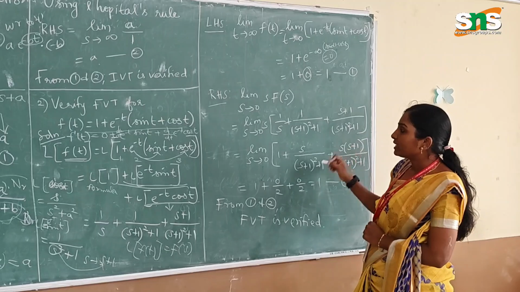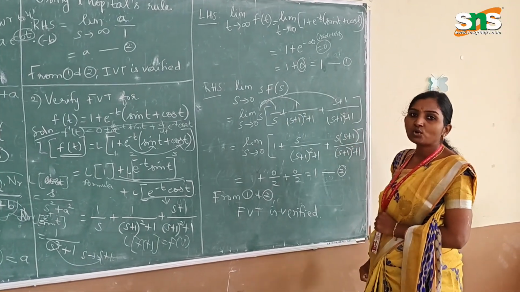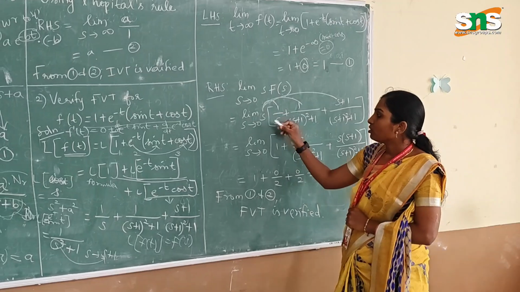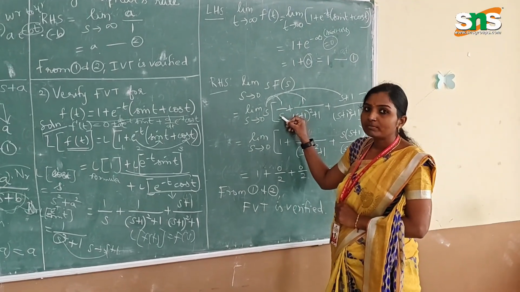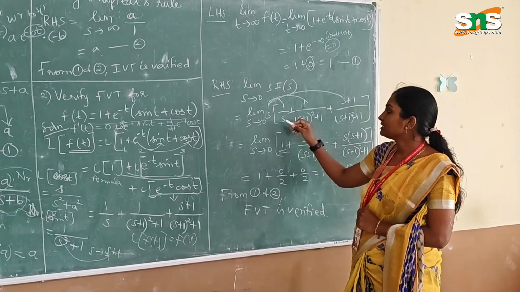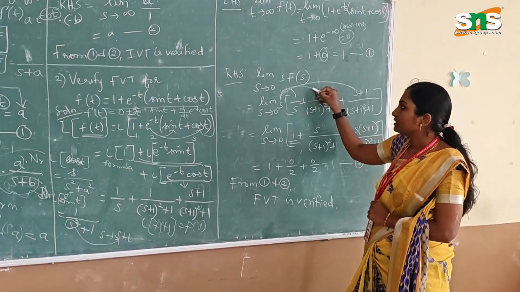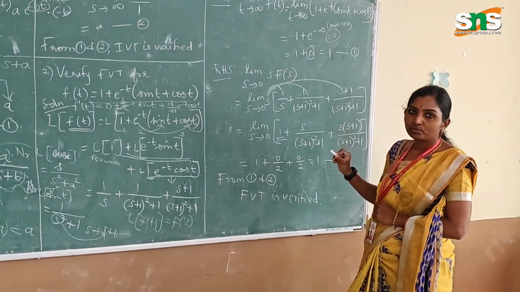So now what we have done here is we have taken this s inside the brackets to all of the terms here. On bringing this s to 1 by s, we will have s by s, therefore it will become 1. Next term is 1 by s plus 1 the whole square plus 1, which on bringing this s inside, you will have s on the numerator.